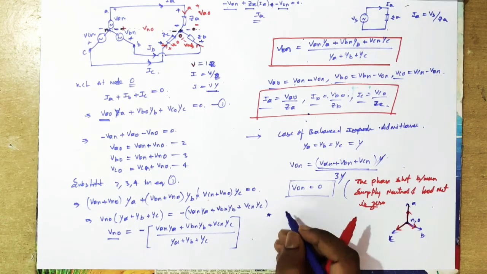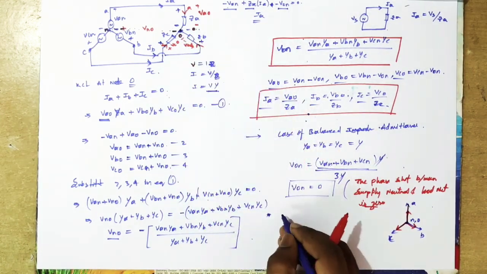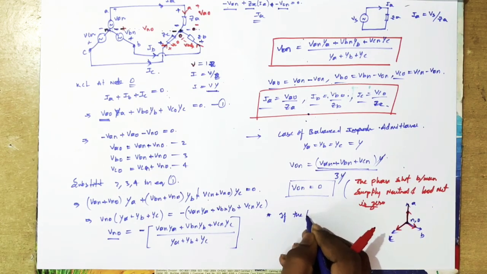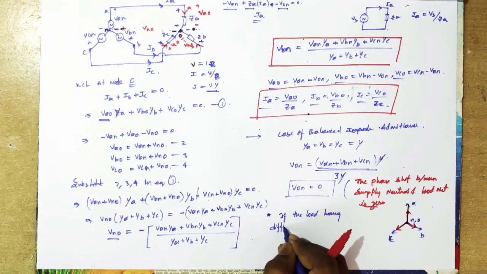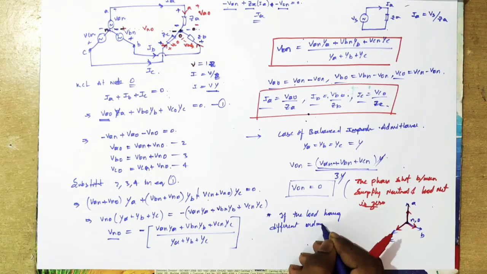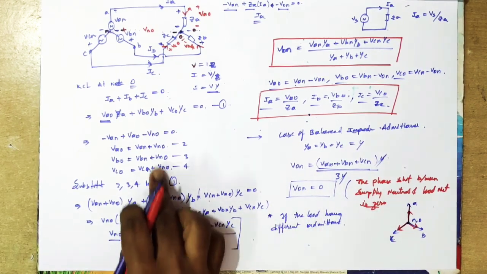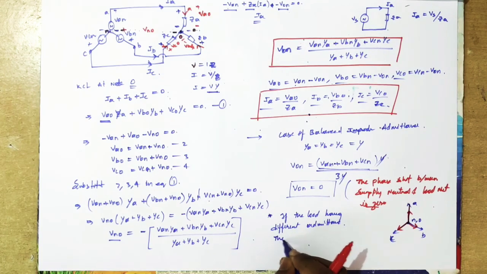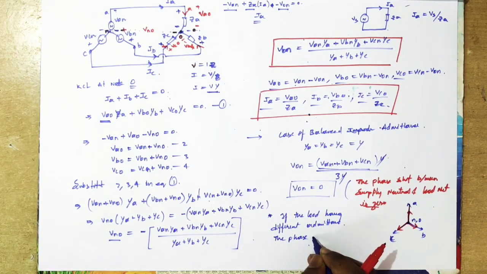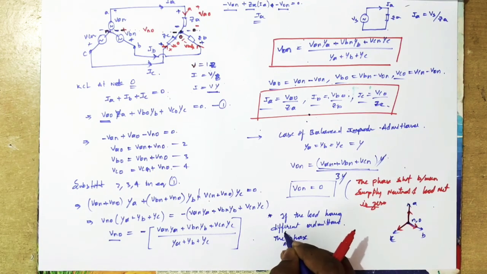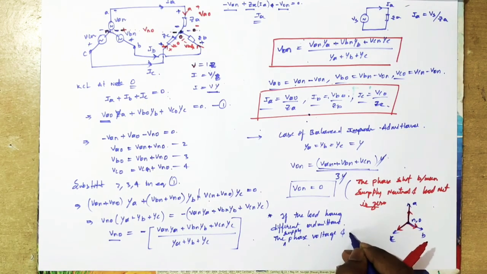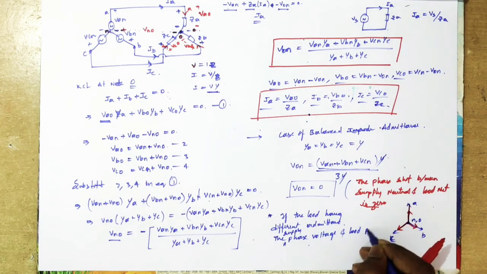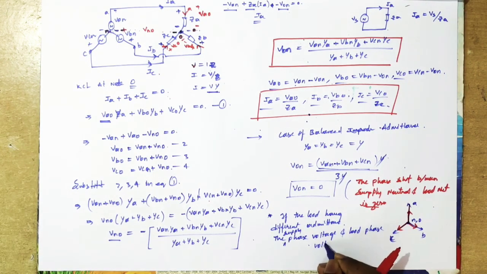If the load has different admittances, then the supply phase voltages and load phase voltages are different.